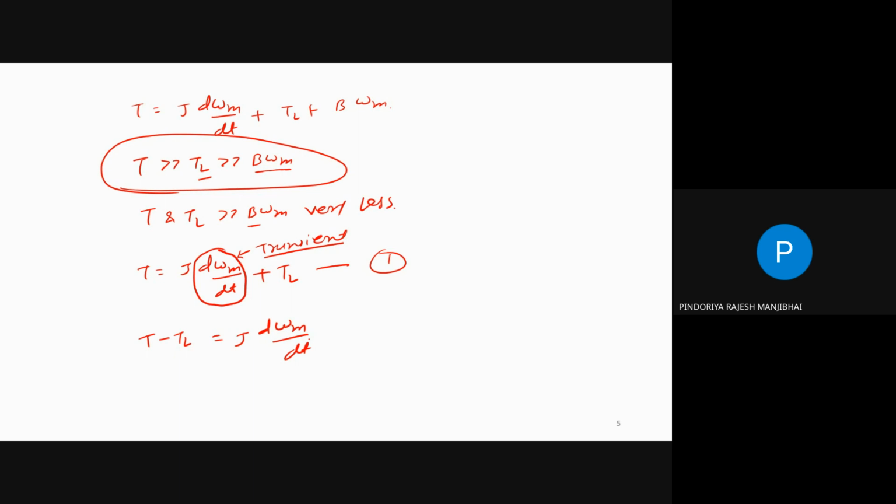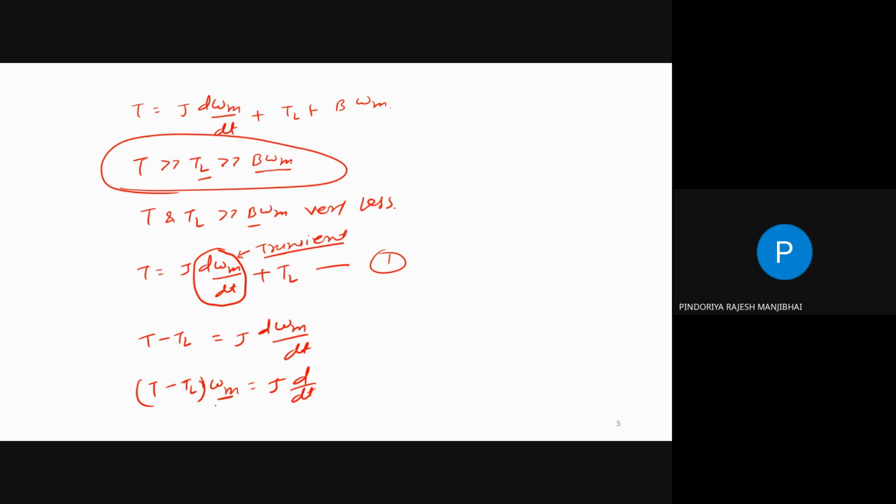Okay. Now we have to calculate the energy for the transient operation. Why is it transient? Because of the speed. So T minus TL, and the transient operation is because of the speed, with d by dt here and omega m.